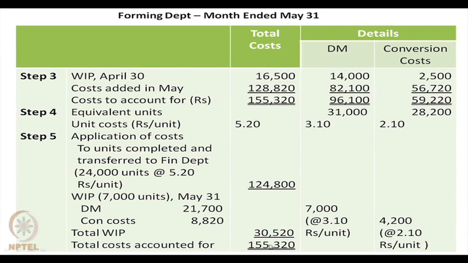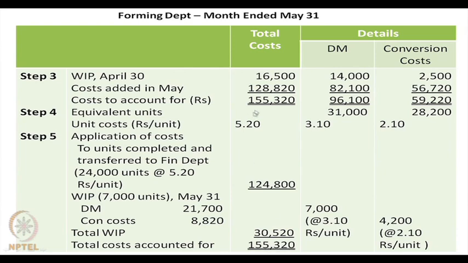Together the total work in process is 30,520, and the total cost then accounted for was 124,800 plus 30,520, and summing up we get 155,320 rupees.